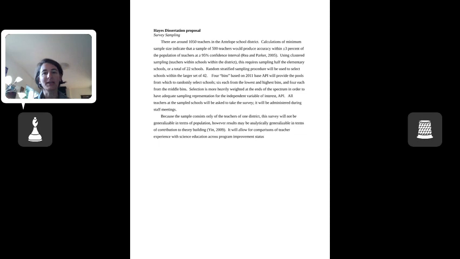And so in order to make sure to get a representative sample from each kind of context, I divided the schools up into 4 accountability bins, and then I selected from each. All right. And then I make a note, well, the survey will not be generalizable in terms of all population, but they might be analytically generalizable to contribute to theory building.